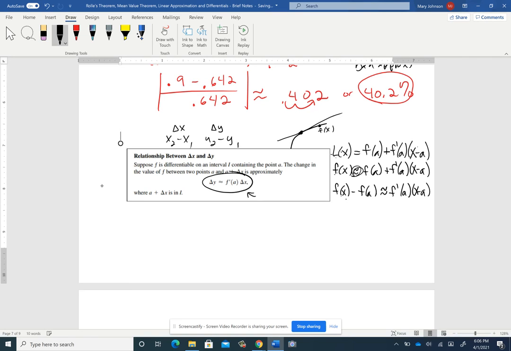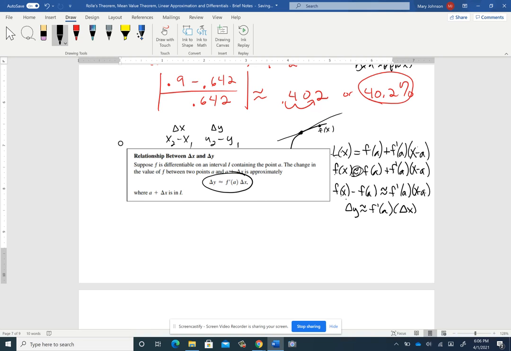But that right there would be the change in the y's, and that would approximately equal f prime of a, and then x minus a is just the change in the x's. That's where the formula came from. Something else that comes out of linear approximations is that idea.